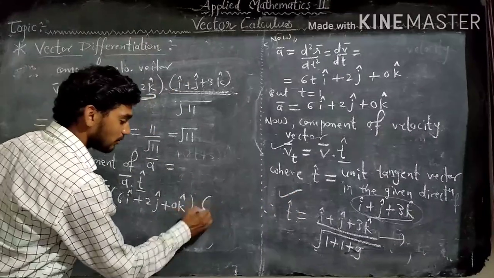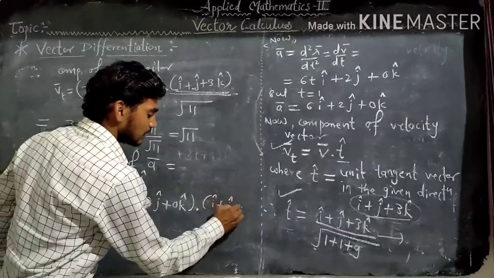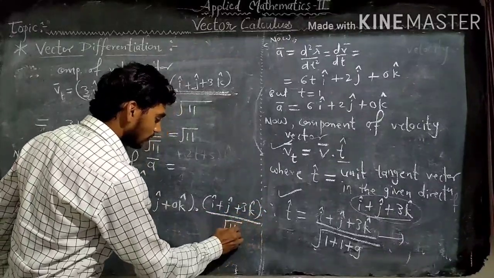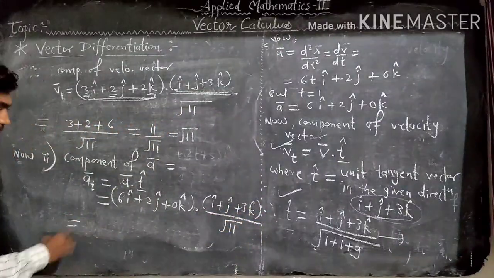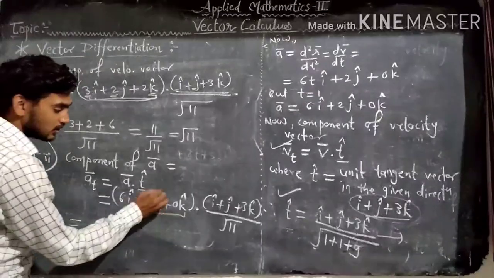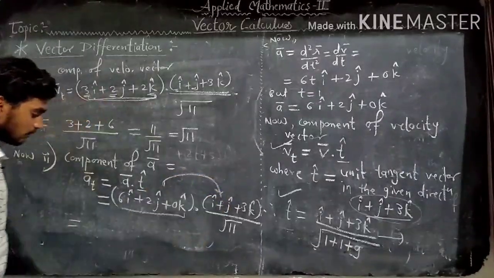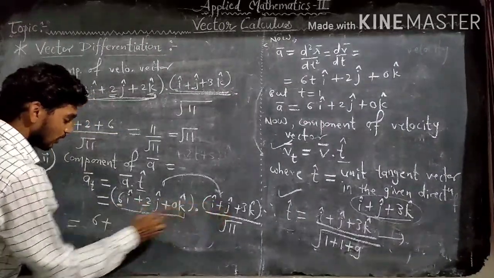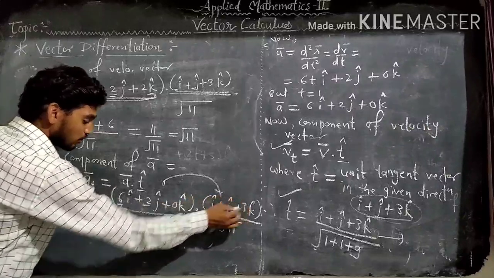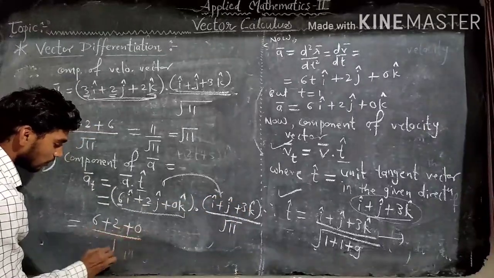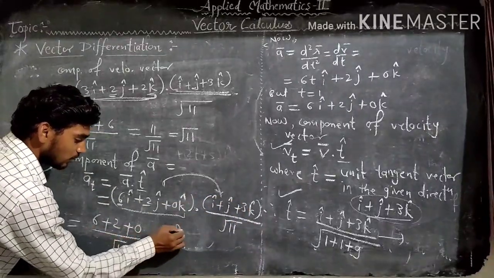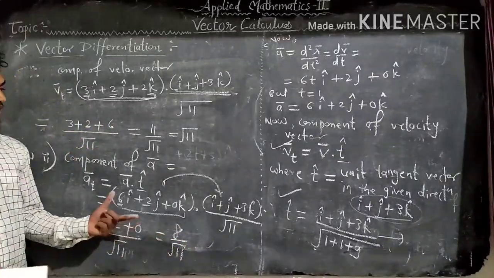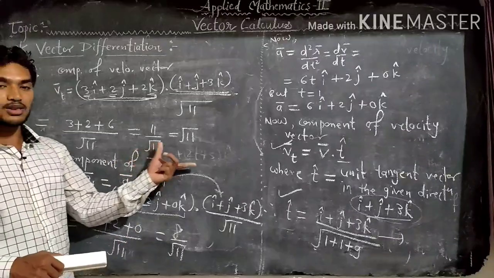So dot product of (i plus j plus 3k) divided by square root of 11, which is equal to 6 into 1, 6, plus 2 into 1, 2, plus 0 into 3, 0, divided by root of 11, which is equal to 8 divided by root 11. So this is an example based on component of velocity and acceleration.